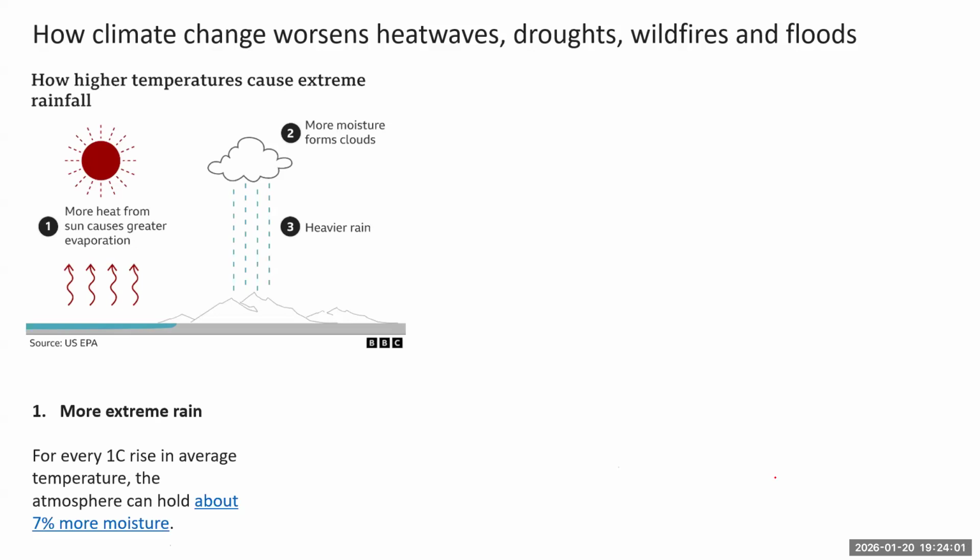Because with a temperature increase, the trees and the ocean water will evaporate, and then the atmosphere will hold about 7% more moisture. And we still remember water vapor is the first greenhouse gas, okay?